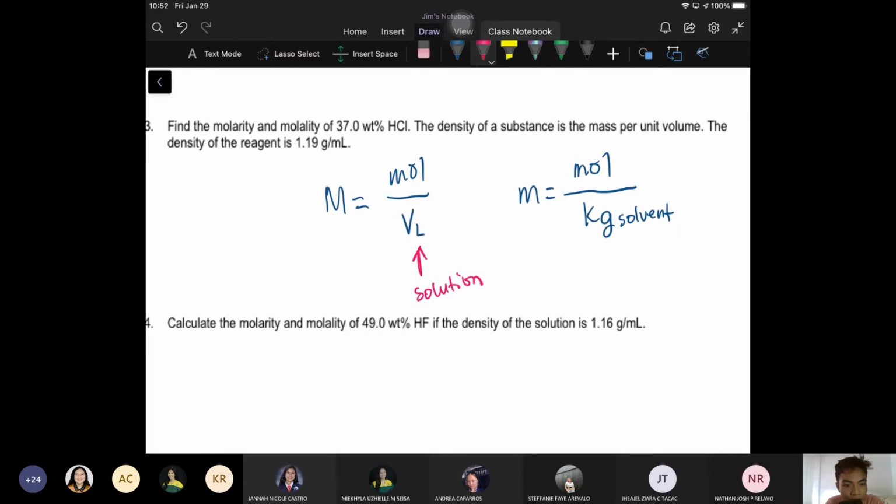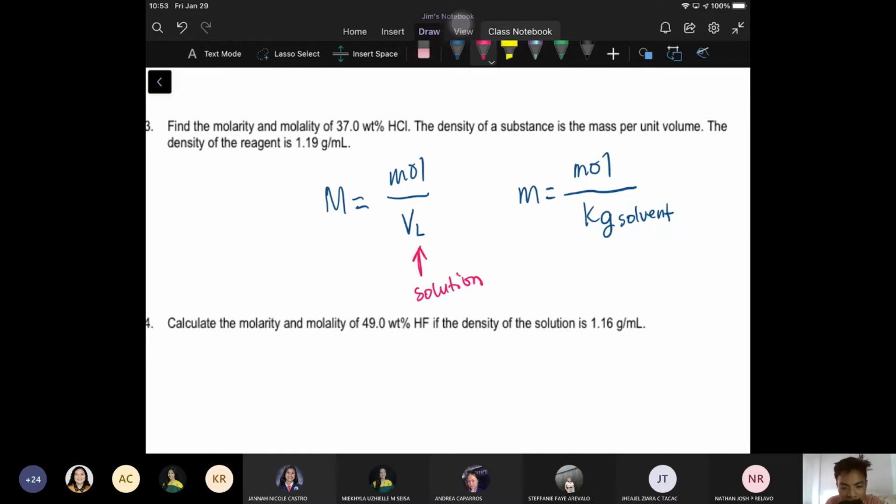Okay? So, yun. Then, ano mapapansin natin dito? Later on, mapapansin nyo that yung ating molarity and molality, ang values nila ay magkadikit. So, magkatabi lang yung values nila provided that the concentration is low.